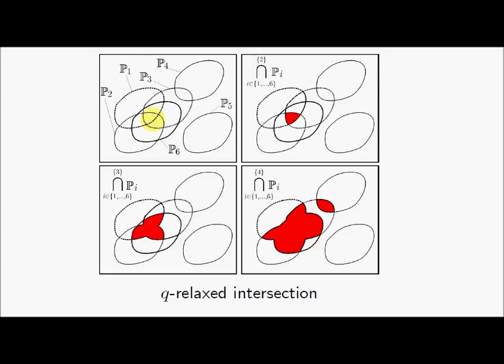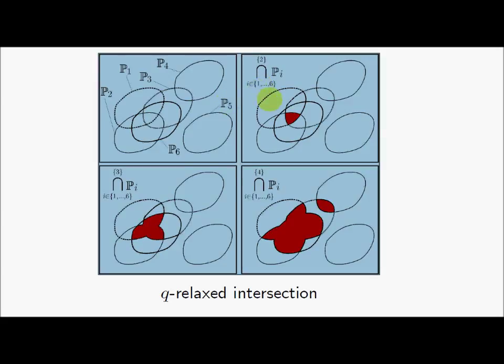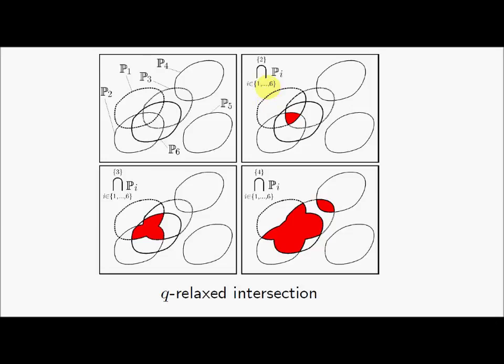So the idea of Omne will be to relax some of them, and I can define the 2-relaxed intersection as the set of all p that are consistent with all Pi except 2 of them. So I relax 2 of them.